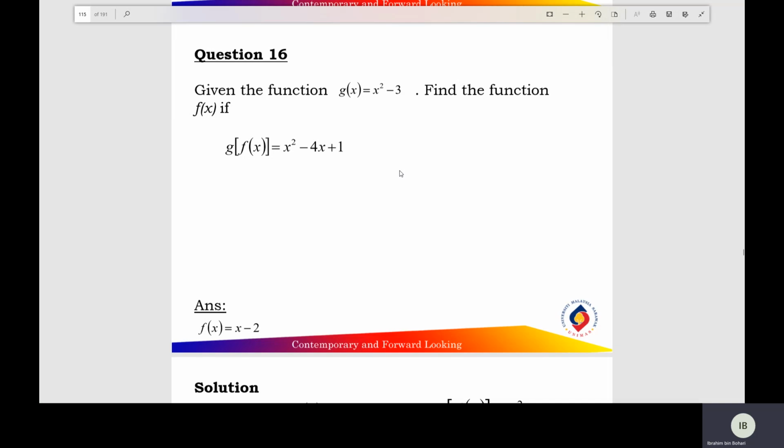Okay, question 16. Given the quadratic function g(x) equals x squared minus 3, find f(x) if the composite function g of f(x) equals x squared minus 4x plus 1.